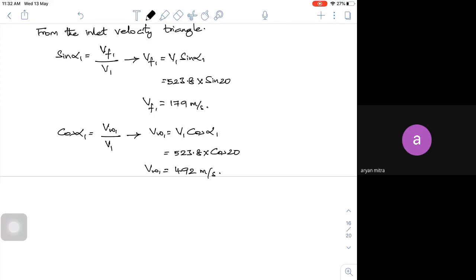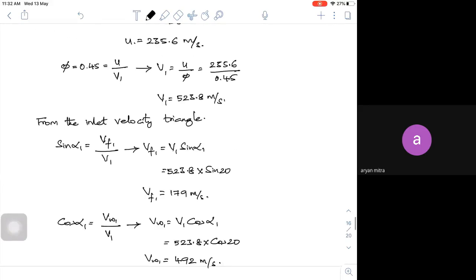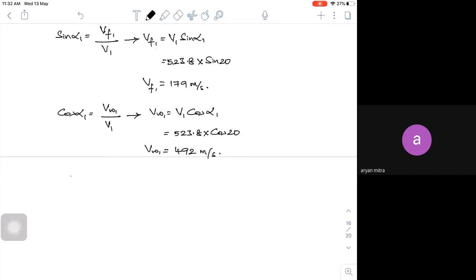Now, what is this X? Already I have taken X equal to Vw1 minus U, so X is equal to 492 minus 235.6, which turns out to be roughly 256. I'm just writing rough numbers.